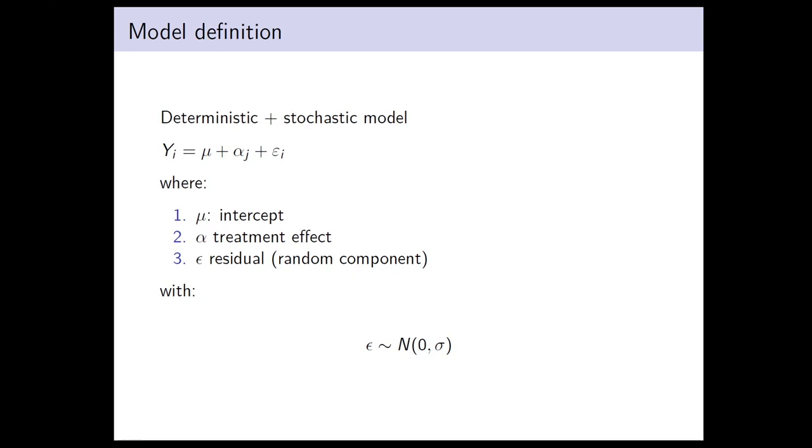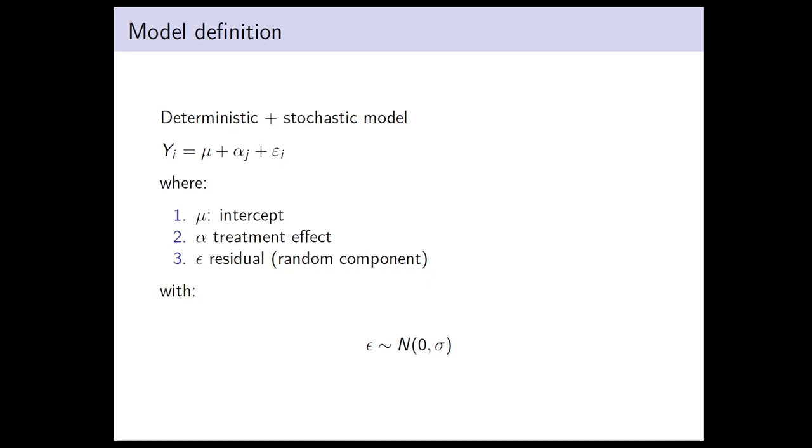Okay, so what we need to do now is to try to estimate the parameters of this model. We will have one common intercept, μ, that is the same for all observations.